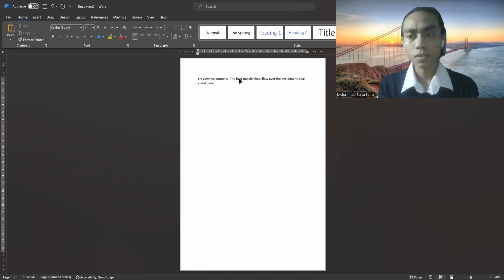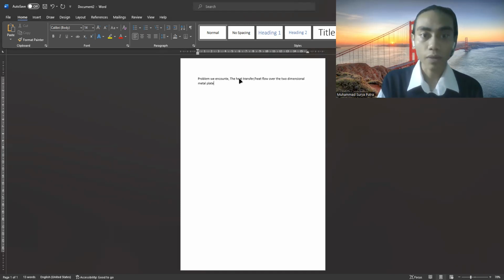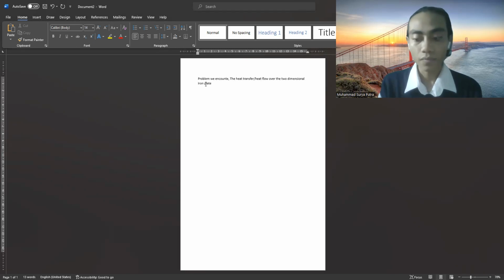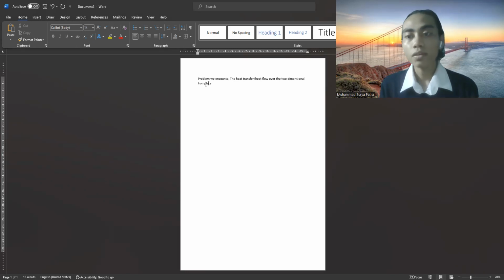So let's assume this is an iron plate, a metal iron plate. The iron itself has a thermal conductivity, so we are going to use that.